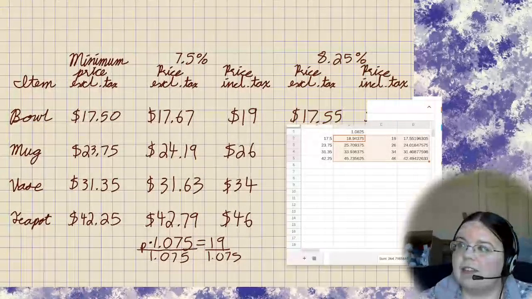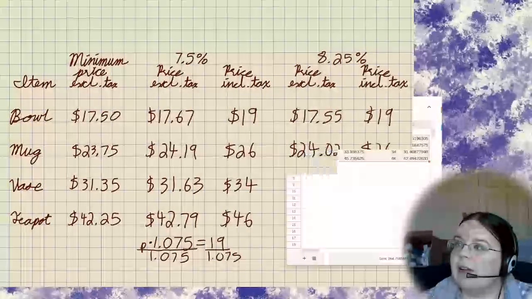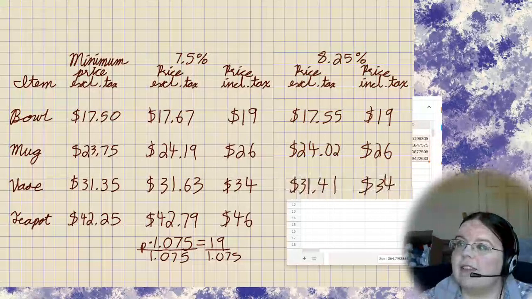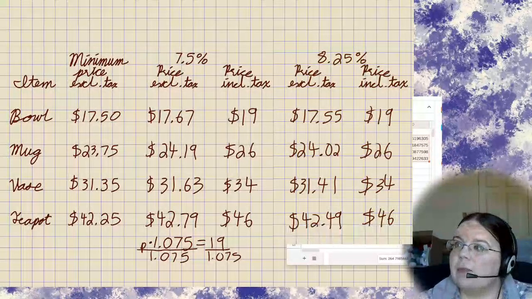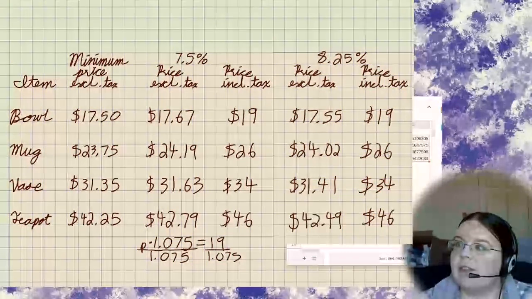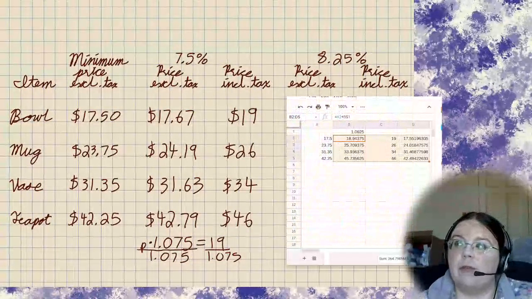And again, $26 after tax. The vases will be $31.41 in the back-end bookkeeping system. And the teapots will be $42.49.